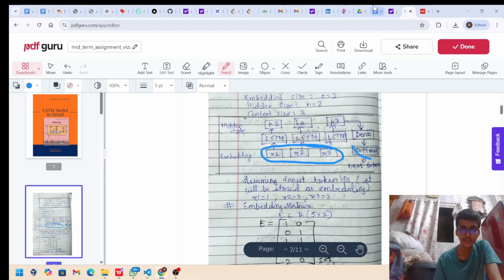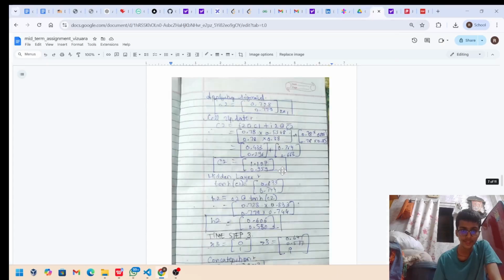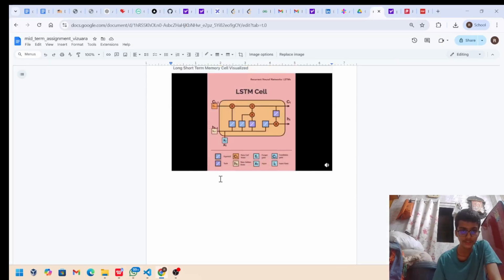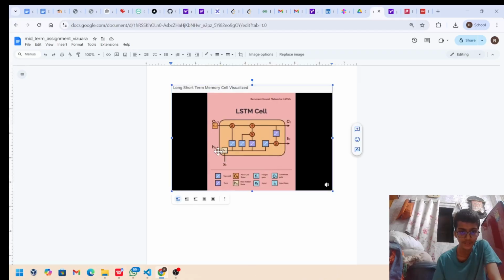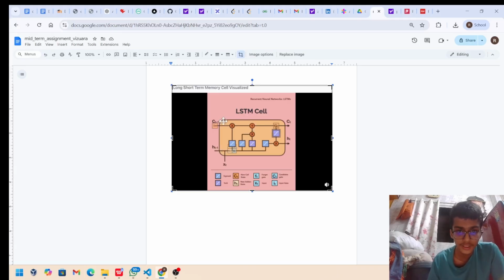So I will show you the animation part which I couldn't show. So as you can see, the above one is showing you the long-term memory, this is the cell state.